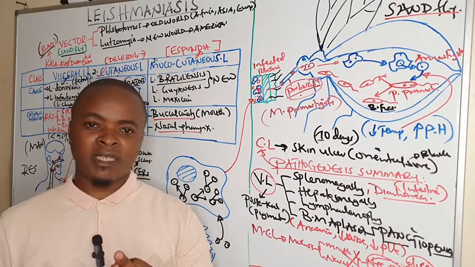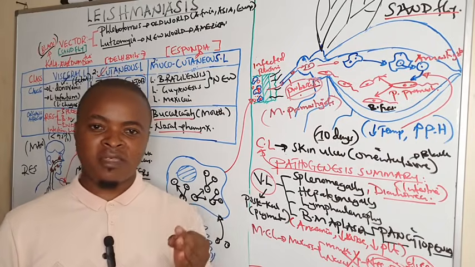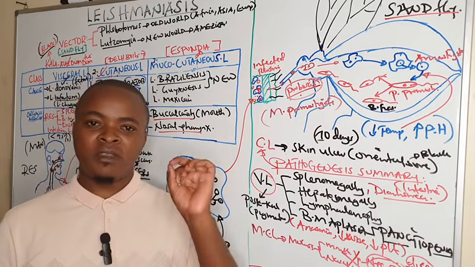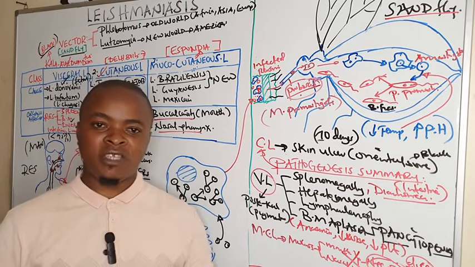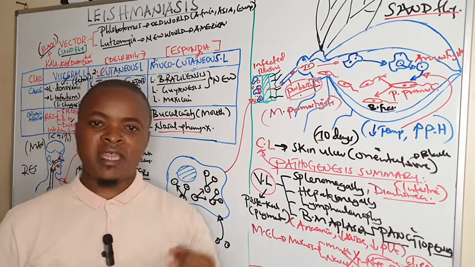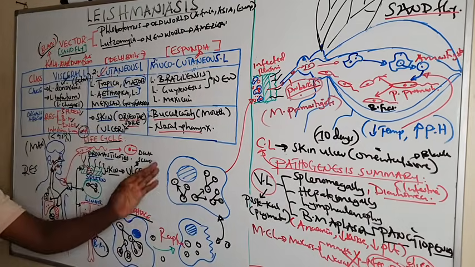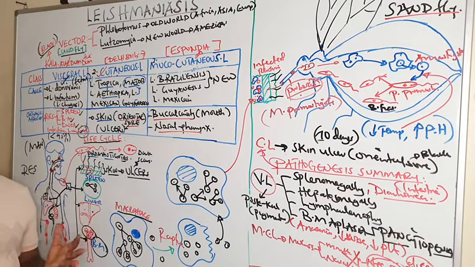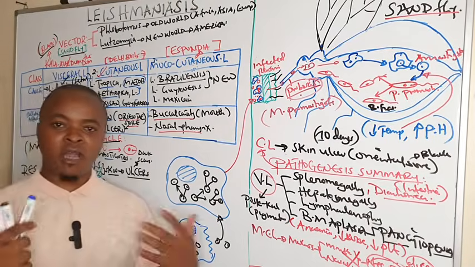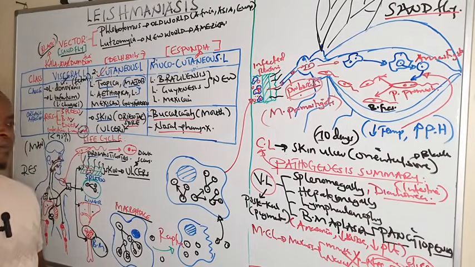So both amastigote and promastigote can be diagnostic depending on the method. If it is culture, we find the promastigote. But if we are examining the macrophages, we find the amastigotes, which are intracellular. We normally see them inside the macrophages of the tissue biopsy or the blood or the bone marrow aspirate, which is being used as a diagnostic marker.